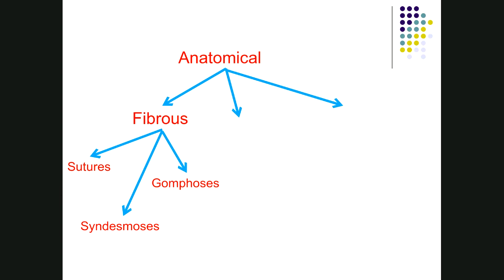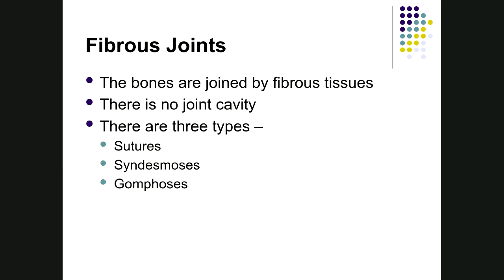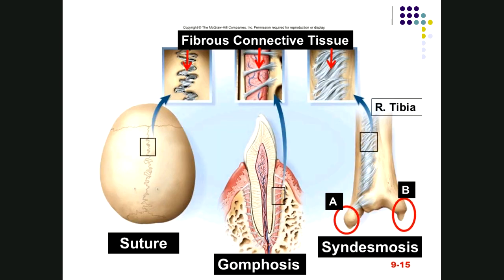So there are three different types of fibrous joints. There are sutures, there are syndesmoses, and there are gomphoses. Well, sutures are already pretty familiar to us because we learned some of them when we learned the skull. Remember, that's a suture. That's the coronal suture. That's a suture. That's the sagittal suture. That's a suture.